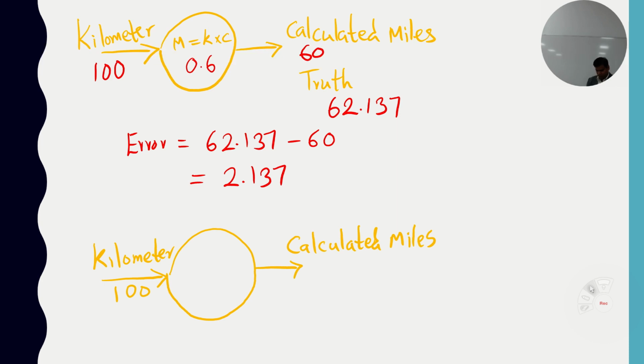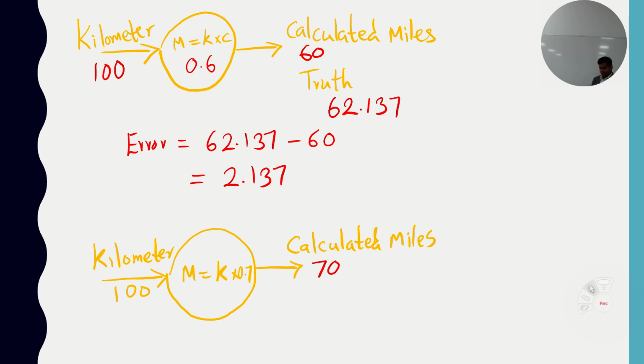Okay, so again miles is kilometer times C, right? So this time let's increase the C value to 0.7. So when increased to 0.7, what happens there? The output becomes 70.